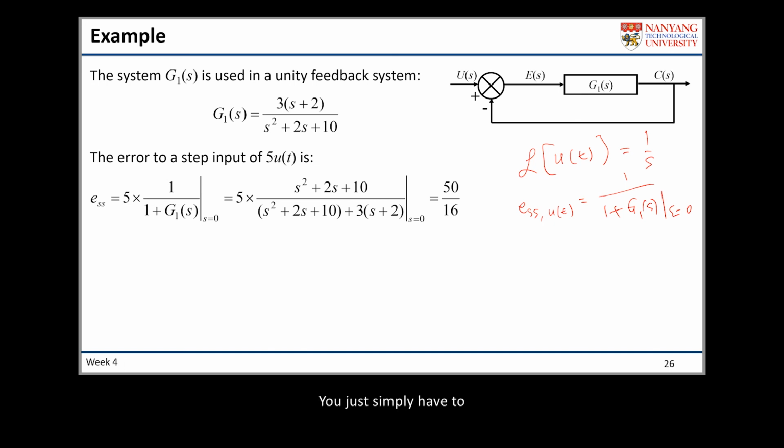Of course, you simply have to multiply the steady state error for a unit step input by 5, because the input now is 5 times a unit step. Okay, so you can try it by yourself to evaluate this equation, and then you will get that the steady state error, if we give 5 times a unit step, will be equal to 50 over 16.